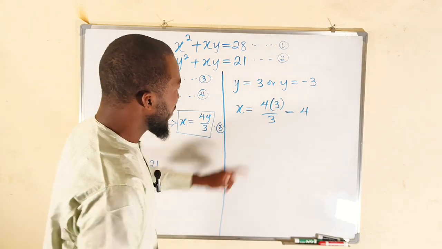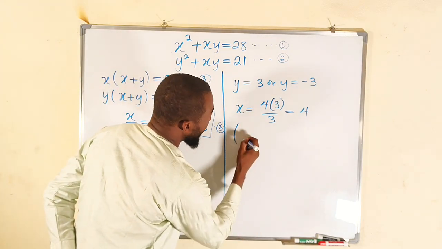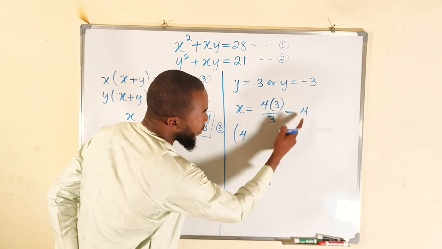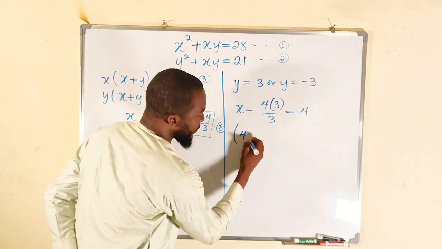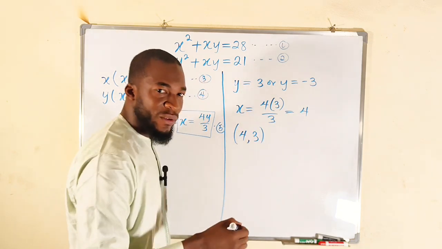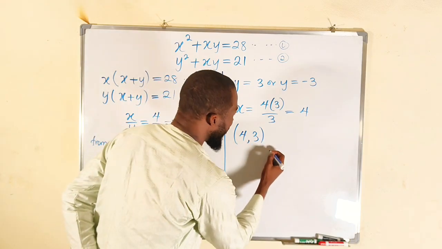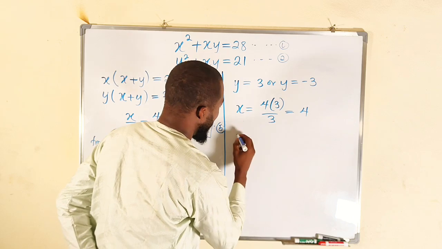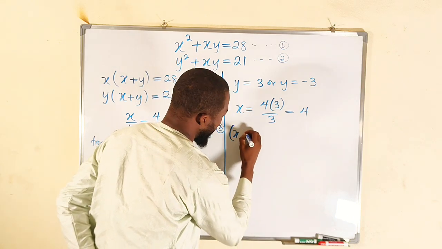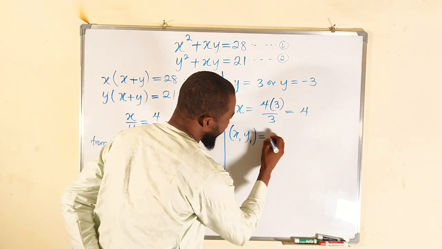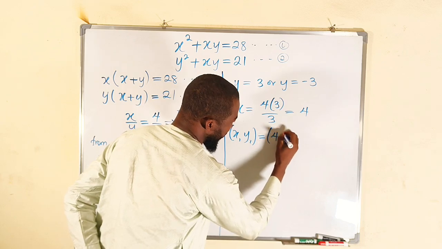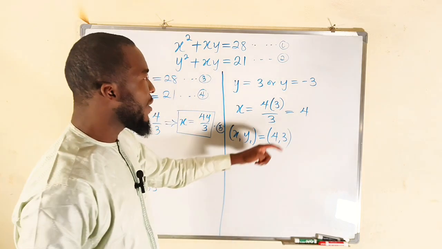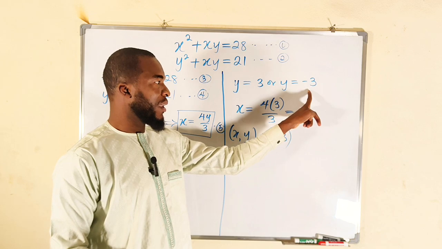Let me box it here. It means that when x is 4, y is 3. That is one of the solutions. It should be x1, y1, because we obtained one of the solutions. Then observe, the only difference is the negative sign.